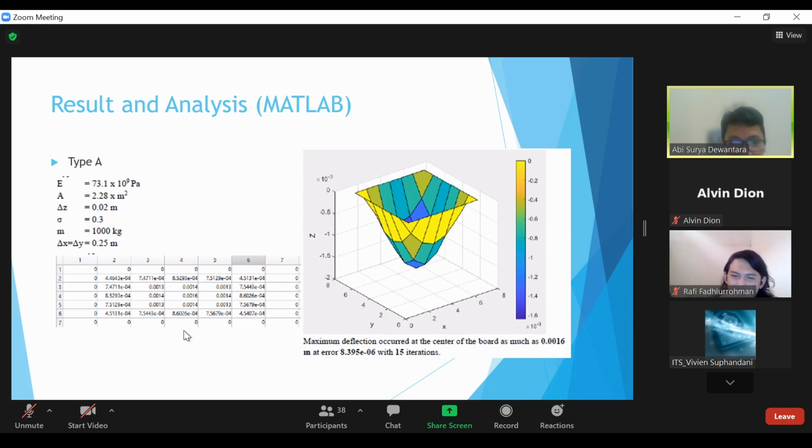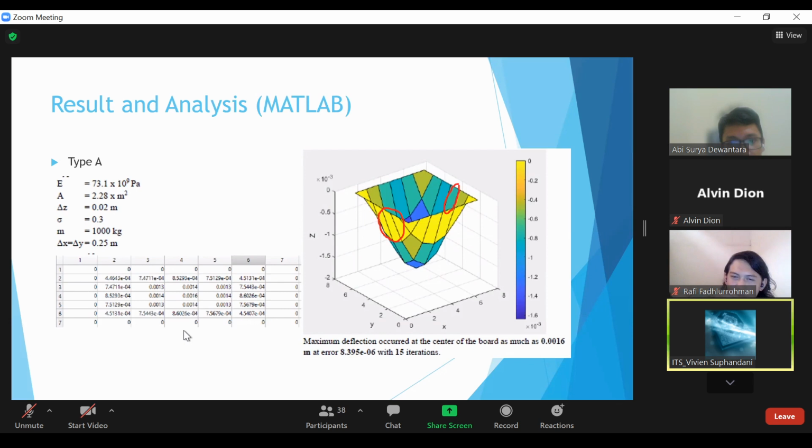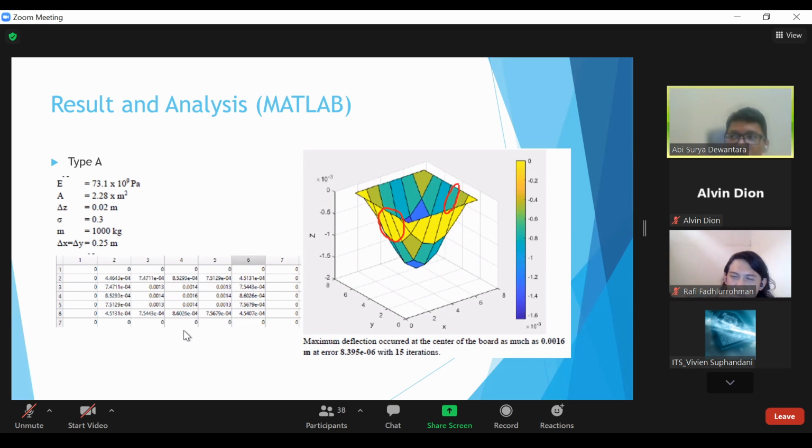In our discussion, the face here is yellow, but the one across it is blue, because the face is actually interpolating the value on this node and this node to these two nodes.